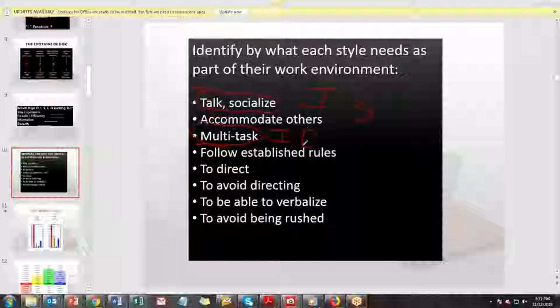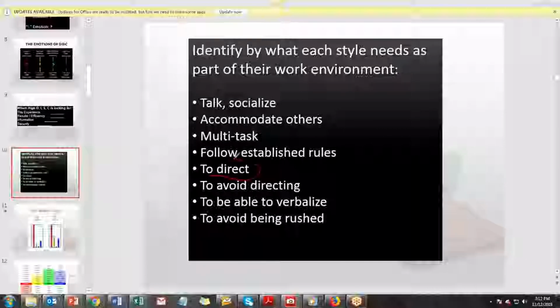It could be a D, who's also, what did we say about the energy line? Low S. And so the low S is more intense. So a high D with a low S is going to be a stronger multitasker than just a plain I or S.